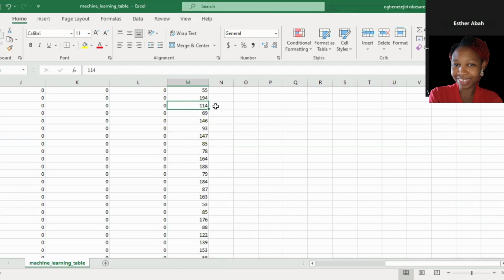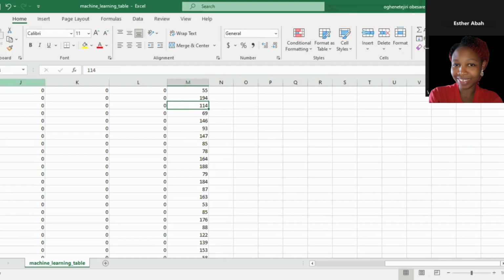But the truth of the matter is that it can never get 114. You understand? It's not God. It's not 100% perfect. But at least the aim of machine learning is to reduce the error as much as possible. So a model that has the highest score should predict closely.